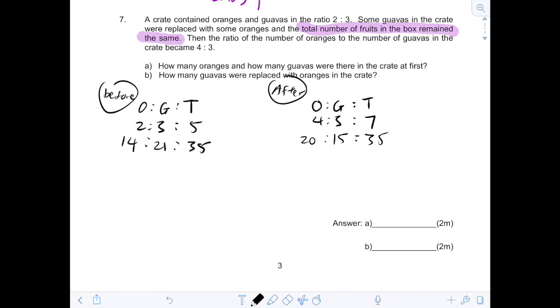Okay, but in any case, if we assume that the total number of fruits inside is 35, how we're going to be doing this question would be, you see, six units were moved from 14 to 20, and then from 21 to 15, or rather it moved this way. So if six units are moved, how many oranges and how many guavas were there in the crate at first?